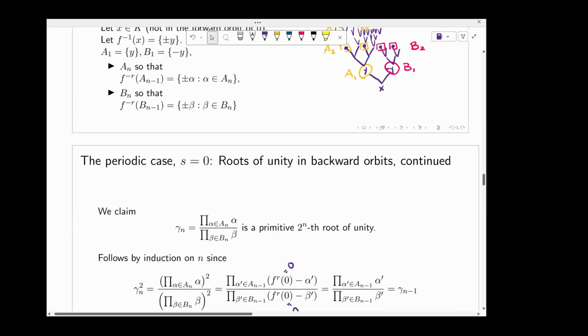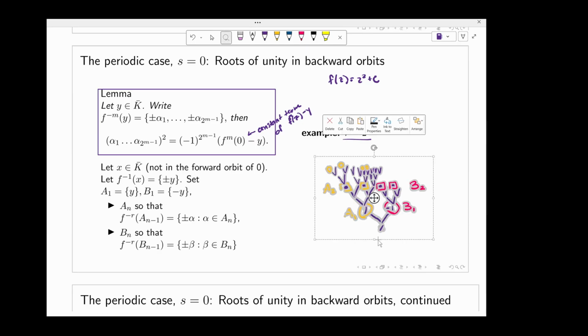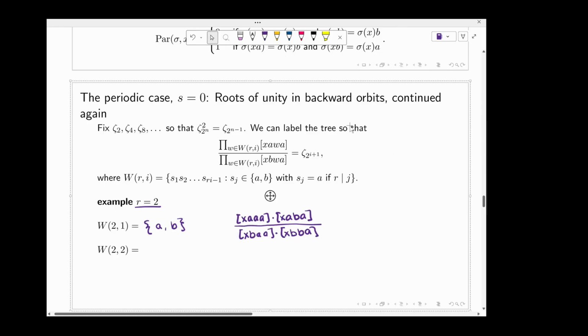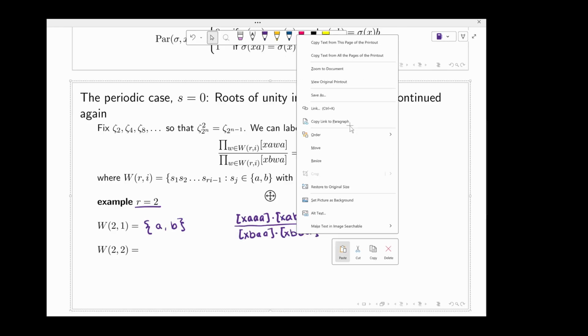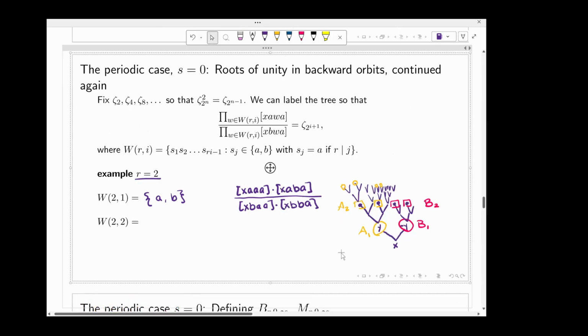If I go back to this labeling we started to make before, what I'm doing here is I'm taking really the nodes that I labeled as maybe in the set A_2 as the numerator.